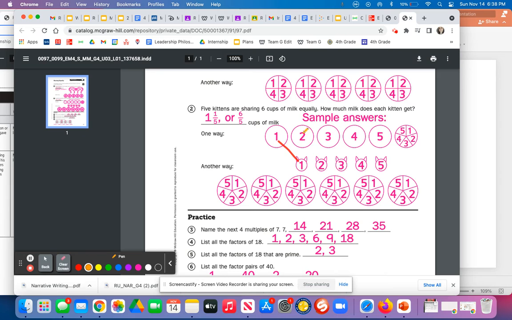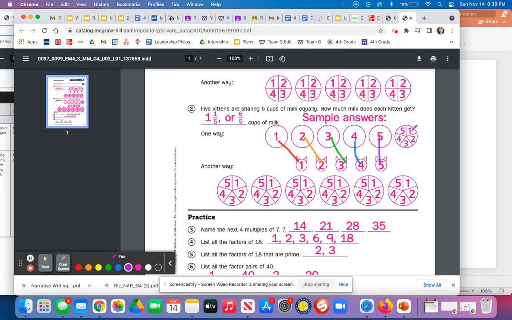Kitten number 1 gets a whole cup, kitten number 2, kitten number 3, kitten number 4, and kitten number 5. And then we have this cup that was left over. We need to divide that up equally because we don't want to give kitten number 1 another whole cup and leave 2, 3, 4, and 5 hanging. That would be unfair. And since we have 5 kittens, we need to divide it into 5 parts or fifths.